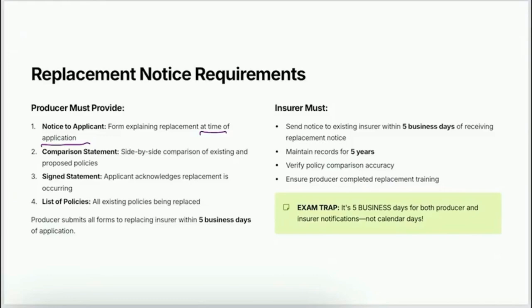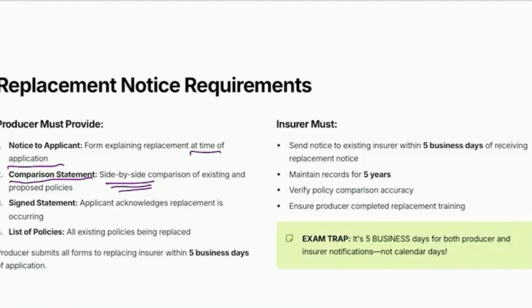They must also get a comparison statement, a side-by-side comparison of the existing policy and the proposed policy. You also must get an applicant signature. Applicant acknowledges replacement, that the replacement is occurring. You need a signed statement that they understand what is going on.